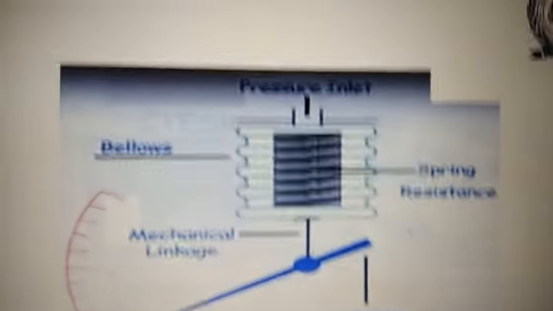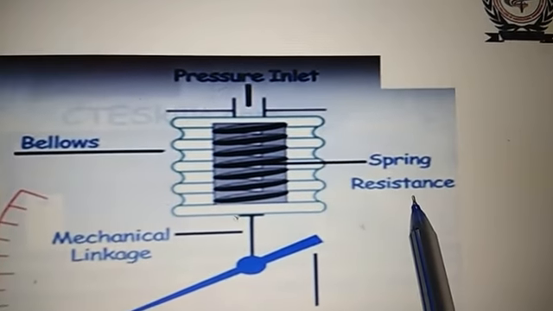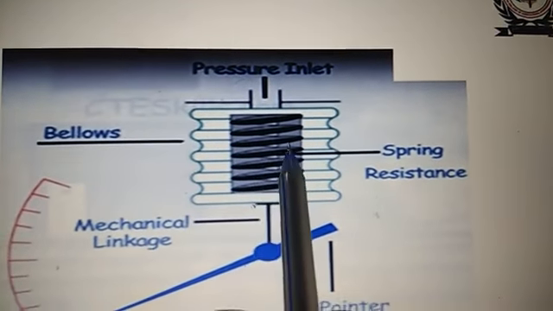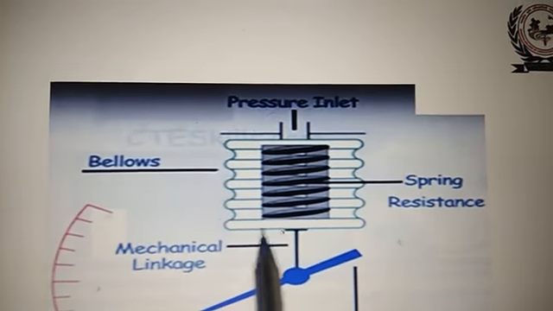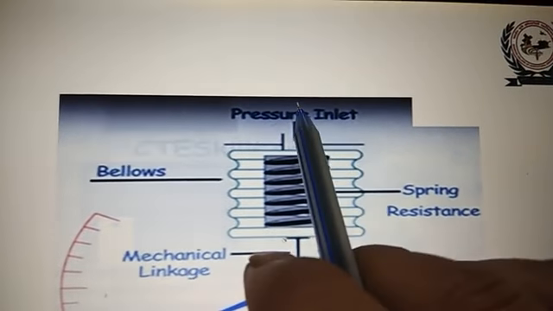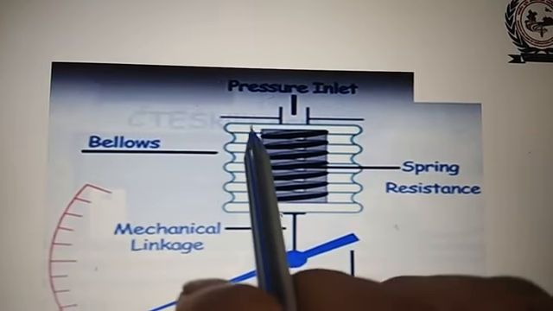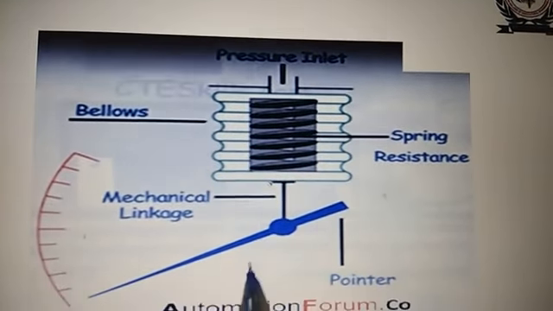This is the pressure inlet, this is the spring resistance, and this is the bellows. This white portion you can see is the bellows, and as pressure goes here, the spring moves and the bellows will expand.